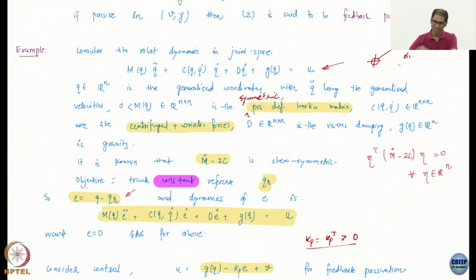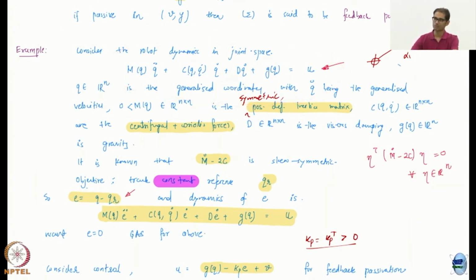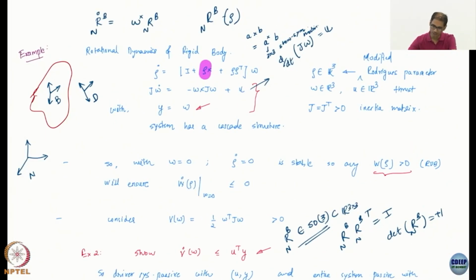Why? Because things are evolving in nice Cartesian coordinates. That's why this looks very simple, okay. But there are more complicated examples also. One such example is again something we've seen, this guy, okay. This is also feedback linearizable, right. It's not evident how, because if you see here the nonlinearity is where?